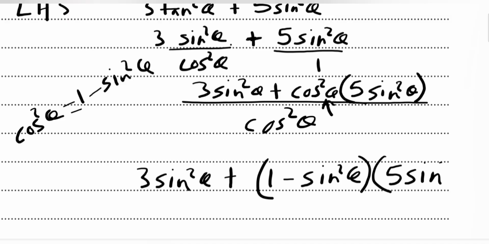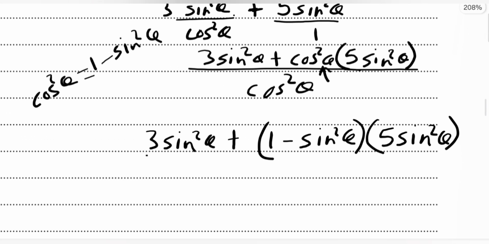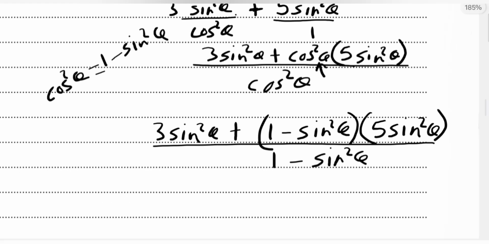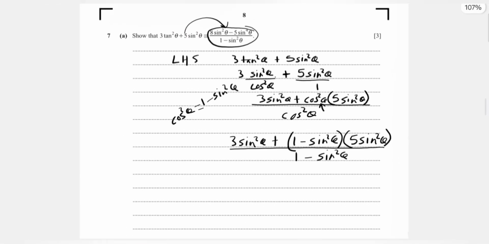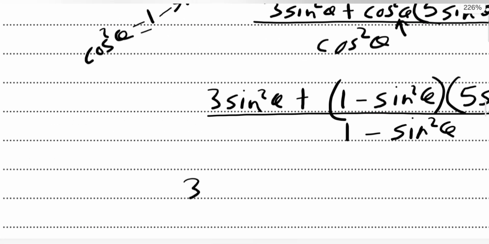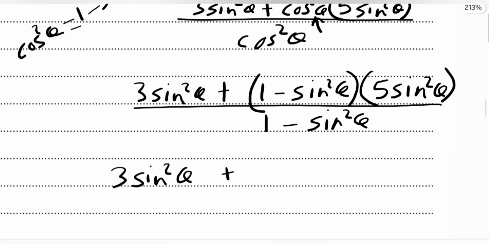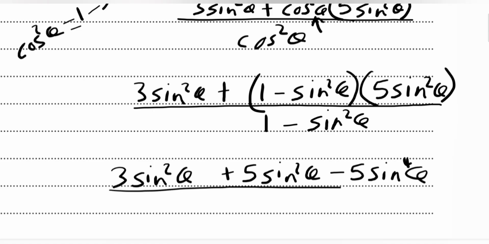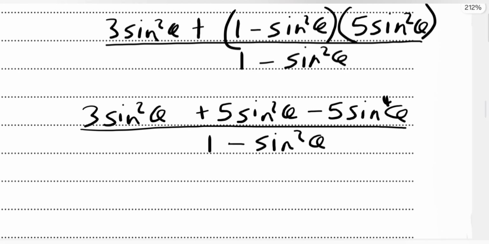5 sine squared theta over 1 minus sine squared theta. So we are just left with simplifying the numerator now, right? So this will be 3 sine squared theta plus 5 sine squared theta minus 5 sine to the power 4 of theta, over 1 minus sine squared theta, right?